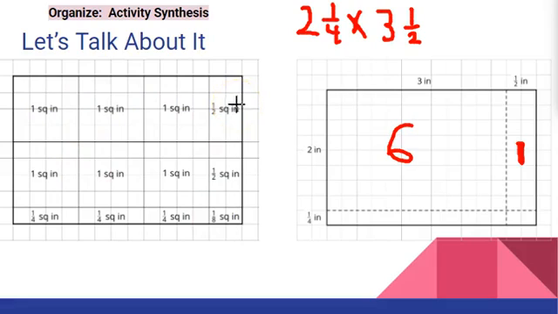So we have 1/2 of a square inch because it's 1/2 by 1, and another 1/2 because it's 1/2 by 1, which makes a total of 1 in this piece here. Along the bottom, we've got 3 times 1/4, which gives us 3/4 of a square inch here. And here we've got 1/2 times 1/4, which gives us 1/8. Now, you can multiply the parts out, or you can make improper fractions, so we would have 9/4 times 7/2, and you're still going to end up with the same thing.